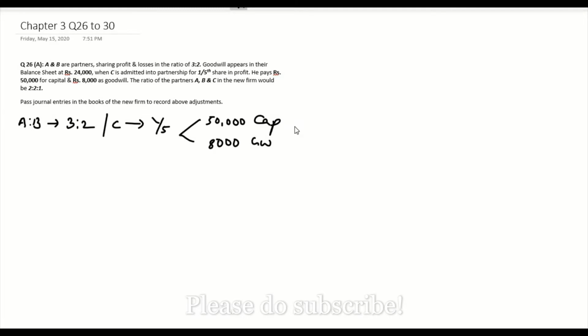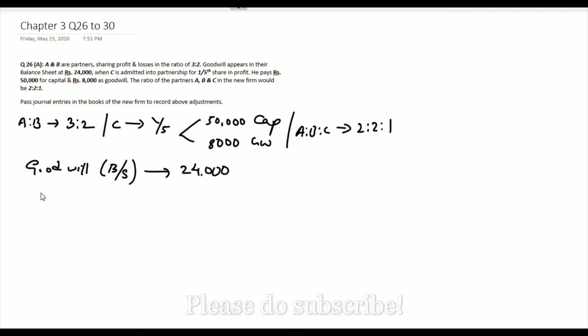The new profit sharing ratio between A, B and C is 2:1. Also, we know there is goodwill in the books, that is goodwill in the balance sheet. We have 24,000.